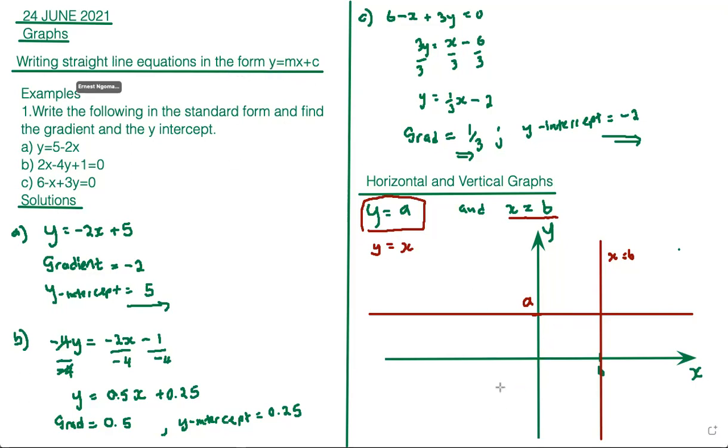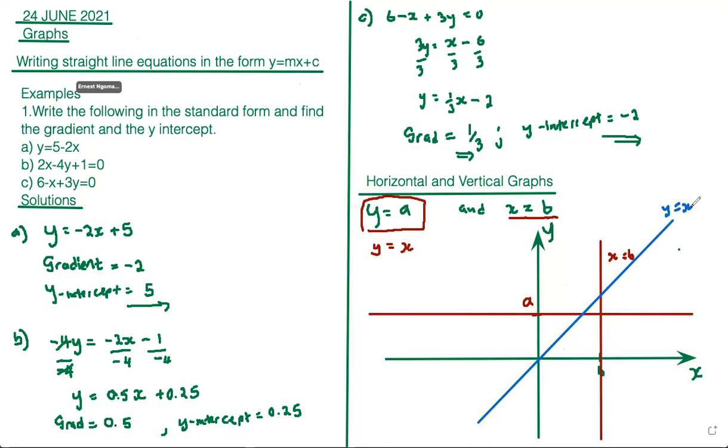Whenever x is 1, y is 1. When x is 2, y is 2. So this blue graph is the graph of y is equal to x. These are just general things that you need to know. So that is it with straight line graphs.